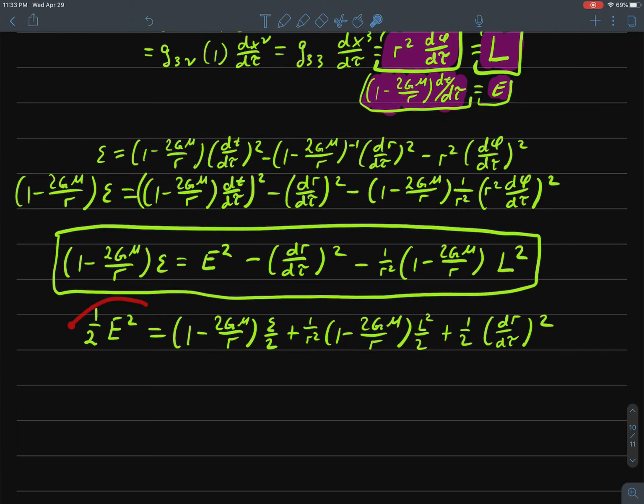Which means that 1/2 E squared is the total energy. Okay, so I'm going to call this my total energy, which the book uses some kind of cursive E for that, plus V of r, plus KE, my kinetic energy.